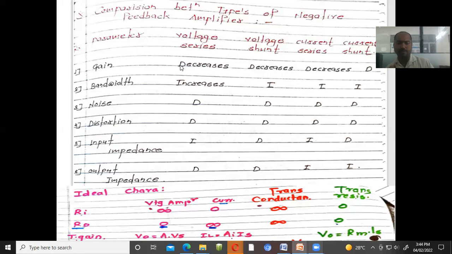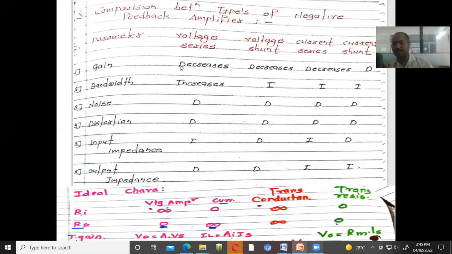Now output impedance must be less, right? Only voltage series and voltage shunt feedback have low output impedance, and current series and current shunt feedback have high output impedance. This matters for connecting devices, such as a loudspeaker.